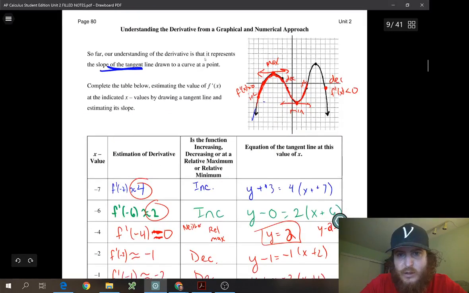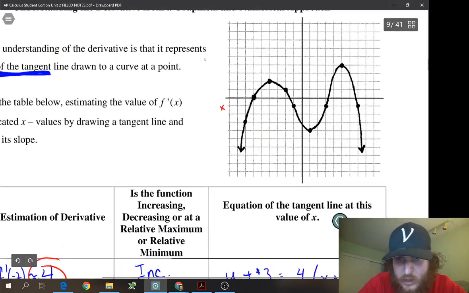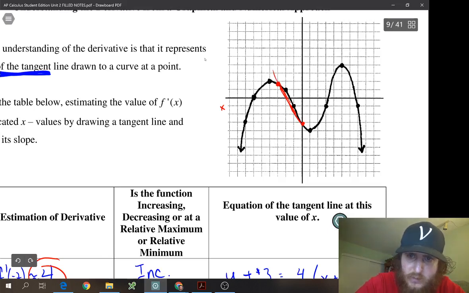So on this graph, what our secant line would look like is, for x is -3, right, -1, -2, -3 would be this point here, and then 0 would be this point here. This is what our secant line would look like. Okay, that would be a secant line.